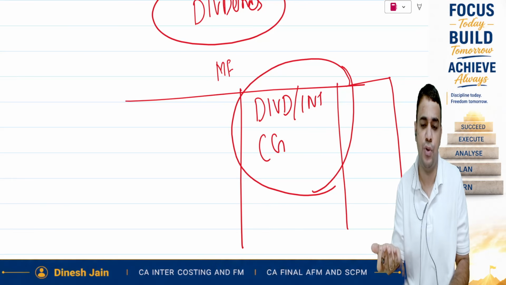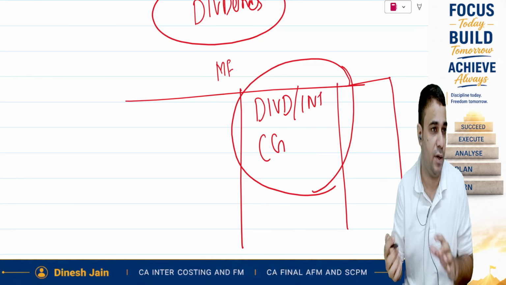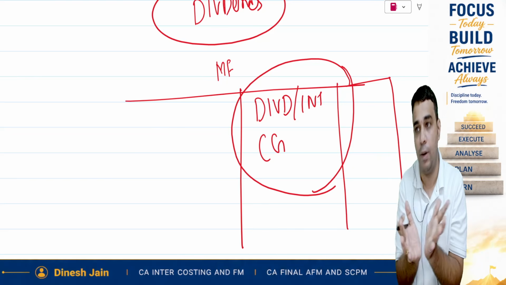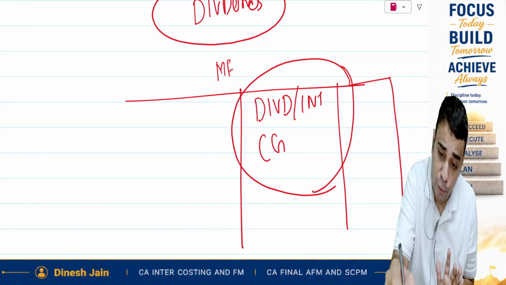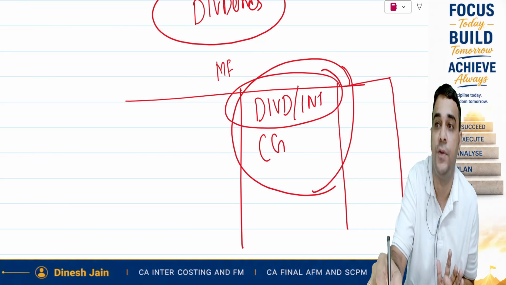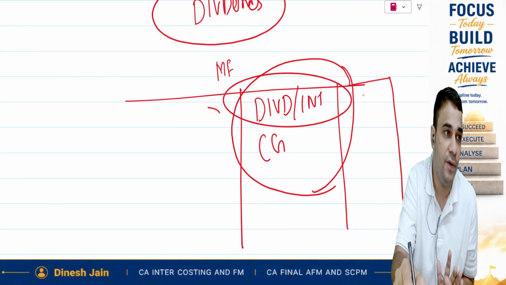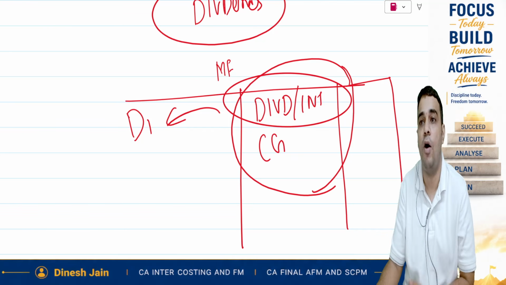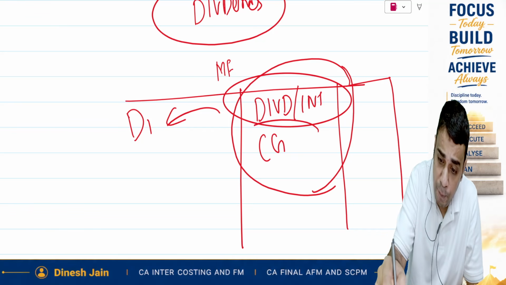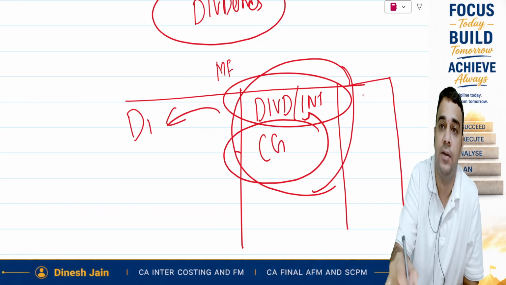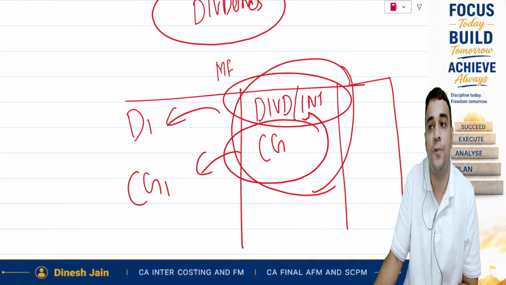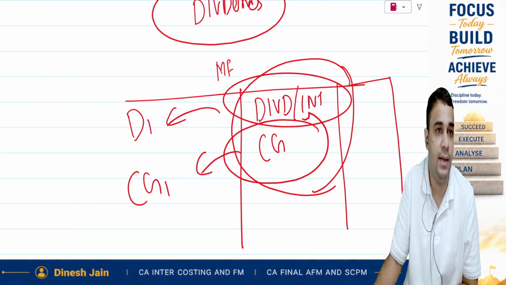Our institute, because in certain countries this is prevalent, and because we learn finance not only from the India point of view but from a global point of view, if you pay dividend out of the dividend income, the institute calls it D1, dividend of first year. If you pay dividend out of capital gain, it is called CG1, dividend out of the capital gain income.